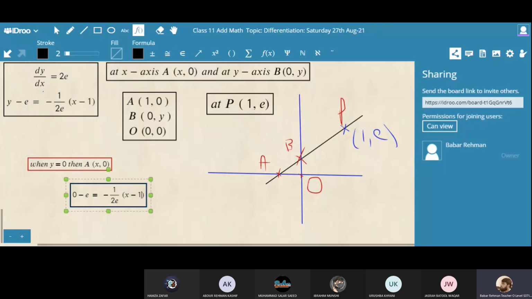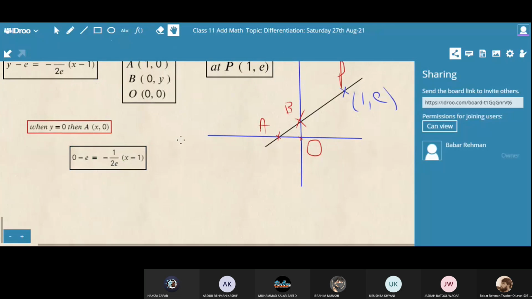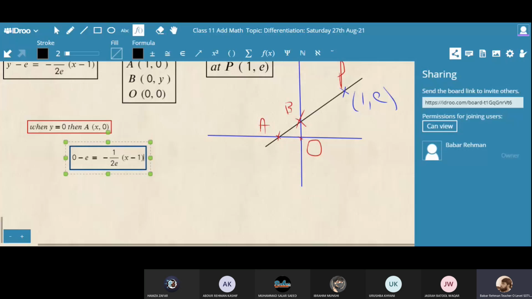Can anybody tell me the next step? Minus 2e square, yes, minus 2e square, then minus x plus 1. So what is the value of x here? I just substitute it there, so it will be plus 2e square plus 1.